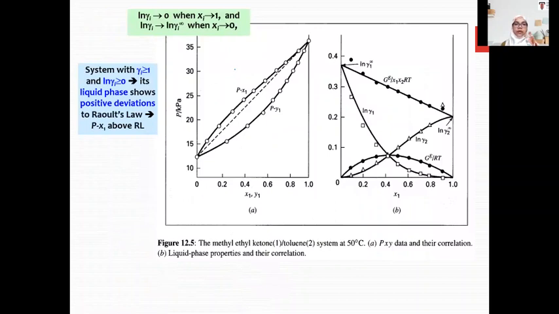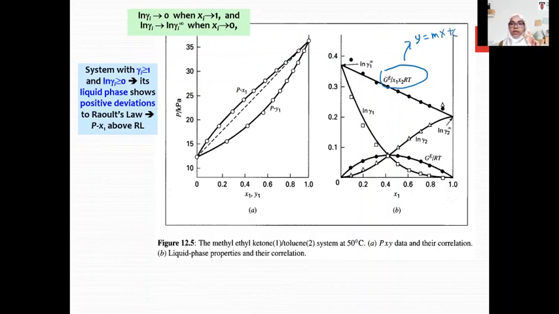By plotting the graph of P over the composition, or the mole fraction, we can have this data. The graph is based on the VLE data, and when you plot it with the additional information, we can see that this gives a linear line, equal to the linear equation y = mx + c.